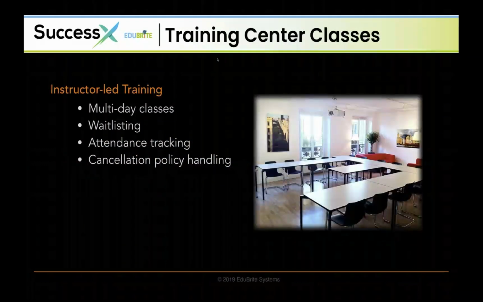From an instructor-led training perspective, you want to make sure that your system can handle multiple rooms. You would also want it to have the room capacity, potentially drive the wait list, so that the seats can start the wait listing if the seats are all sold, and then somebody cancels.